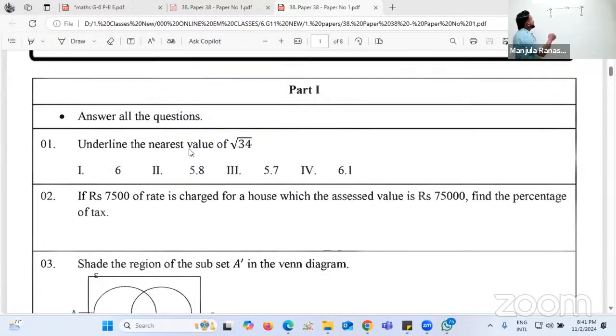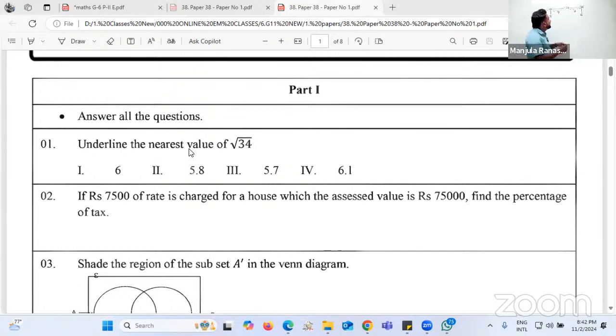Now you see that root 34 lies between 5 and 6. Now you take the gap, 25 to 34. What is the gap? That is a gap of 9. And from 34 to 36, we have just 2. So considering the gap, you can determine that root 34 is a bit closer towards the 6, because here 2 gap, here 9 gap.